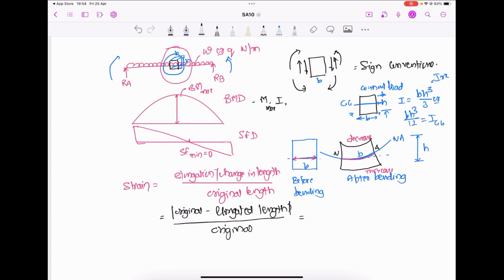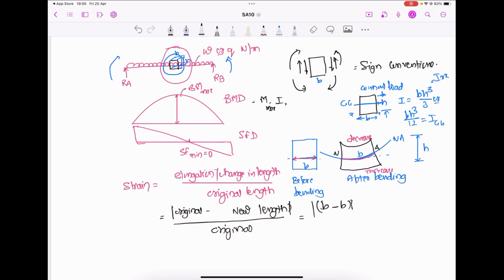That is equal to, what is the original length? That is B. Along the neutral axis, what is the elongated length? That is the new length. Instead of elongated length, we can say it is new length. New length can be positive or negative. The difference should be taken. Elongated length and new length is B minus B. Because along the neutral axis, please remember, there is no change in the width of the beam.